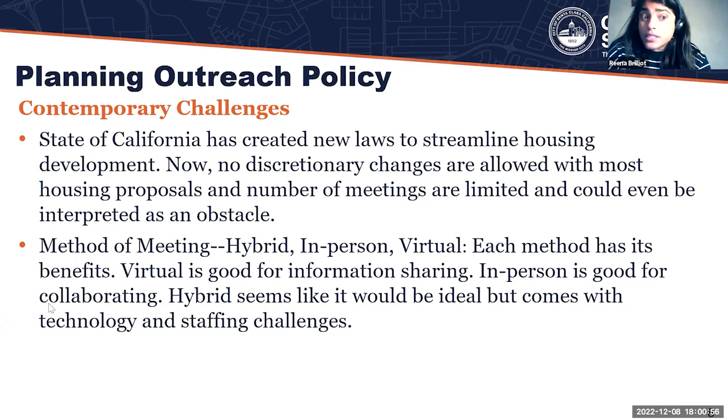But I do want to share that definitely with housing, and this has only gotten more and more true, every passing year, the state has more stringent, I should say, the word isn't stringent. The word is local abilities to change projects have decreased. And so that is a challenge when you're engaging with the community and they have things they want to see changed, that there are limitations on that.